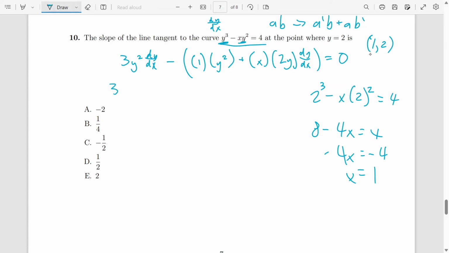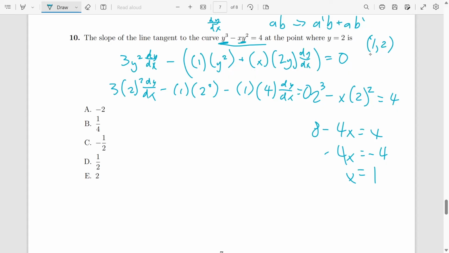So this is now 3 times 2 squared times dy over dx minus 1 times 2 squared minus 1 times 4 times dy over dx equals 0. And now we solve for dy over dx.